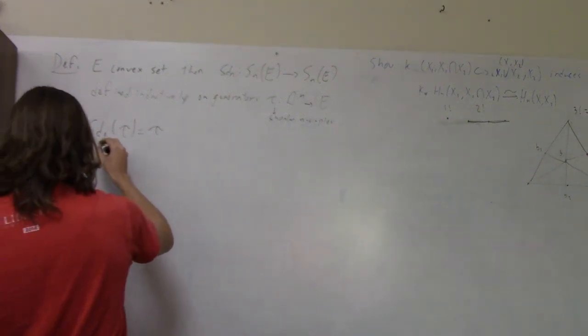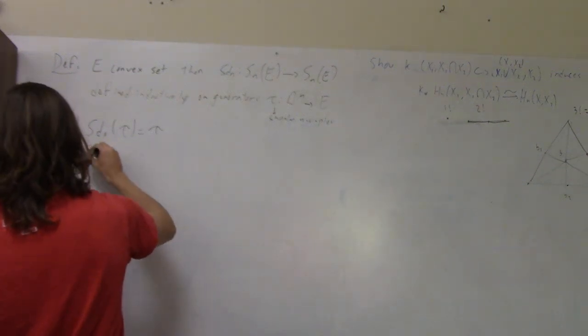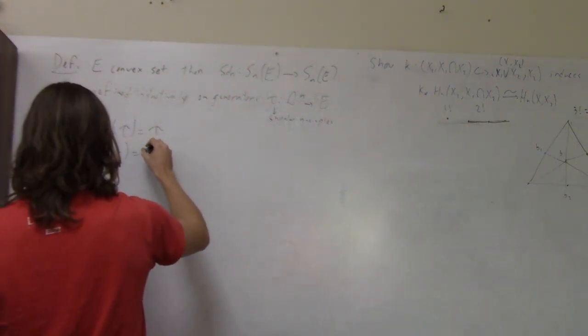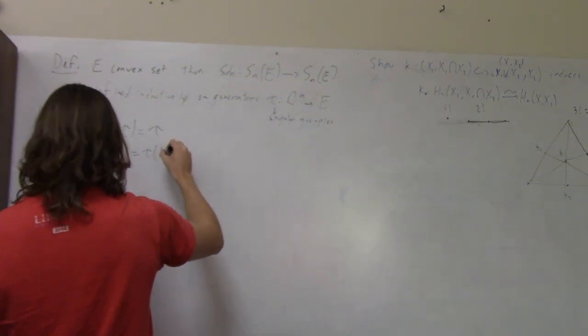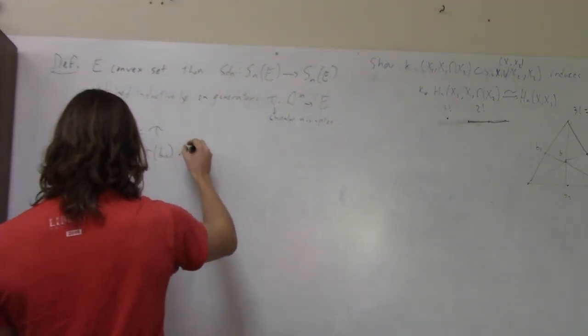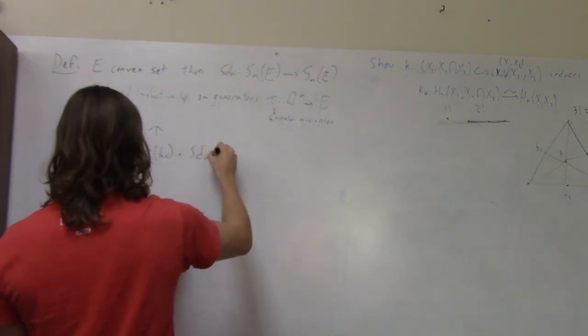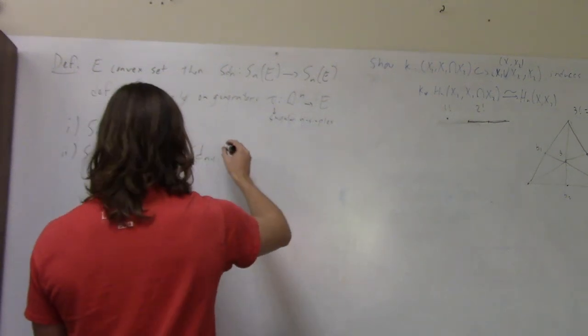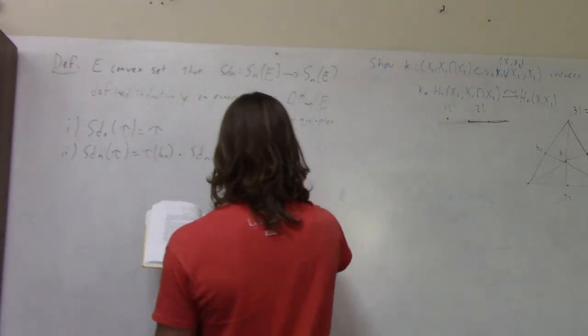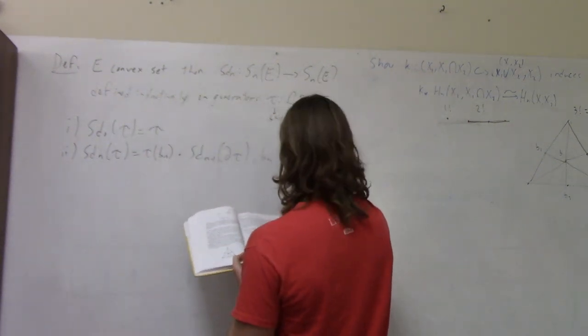And SD n of tau is going to be equal to tau of the n barycenter Bn, dot SD n minus 1, where Bn is the barycenter.